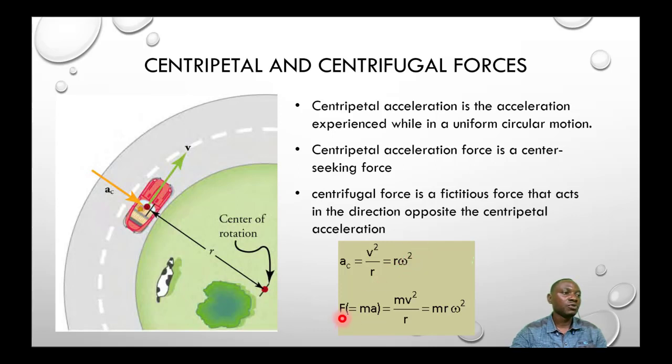For the force, force is mass multiplied by acceleration, so if you substitute it, you have m v squared over r, which can also be written as mass multiplied by radius and the square of angular velocity.